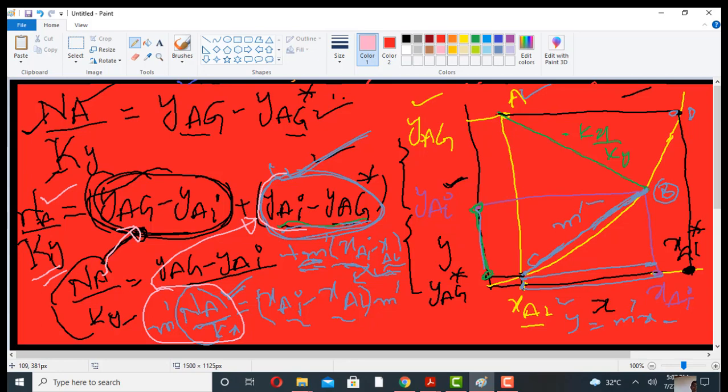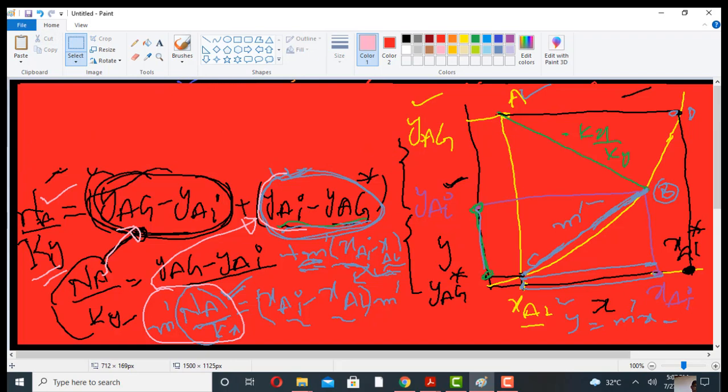So the simple equation, the final equation, will become Na divided by Ky, capital Ky, is equal to Na divided by Ky, this is the small ky, plus m dash, slope of the line, and this is the Na by Kx.